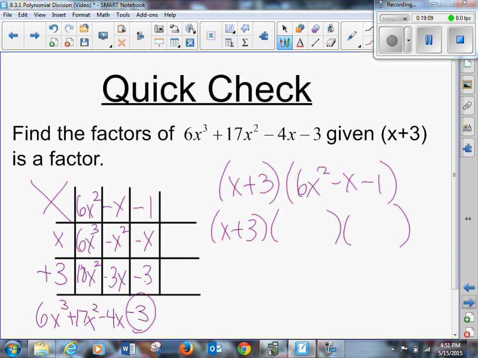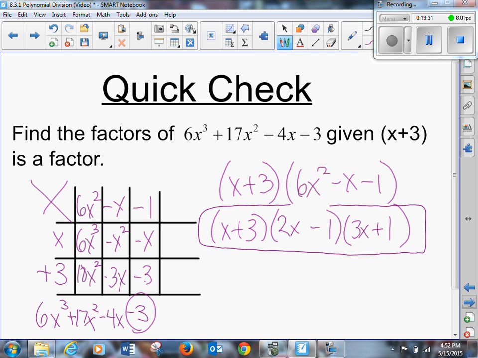This one, we're going to break up into 2x in the front and a 3x. Then we need a minus 1 and a plus 1. I'm going to put the minus 1 with the 3x and the plus 1 with the 2x. So now I have a negative 3x in the middle plus 2x on the outside gets me my negative 1x in the middle. This now is completely factored. Those are the factors of my polynomial.